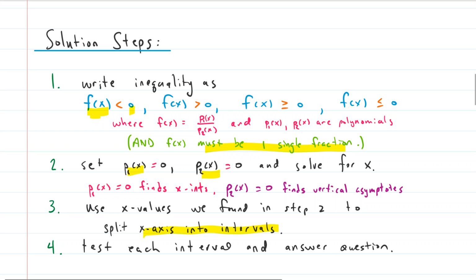So you take the x values you found in step 2 from setting p1 equal to 0 and p2 equal to 0, and you create intervals along the x-axis. You order them, create intervals, and then you test each of those intervals to see if the function is above the x-axis or below the x-axis. And that's really all you do.